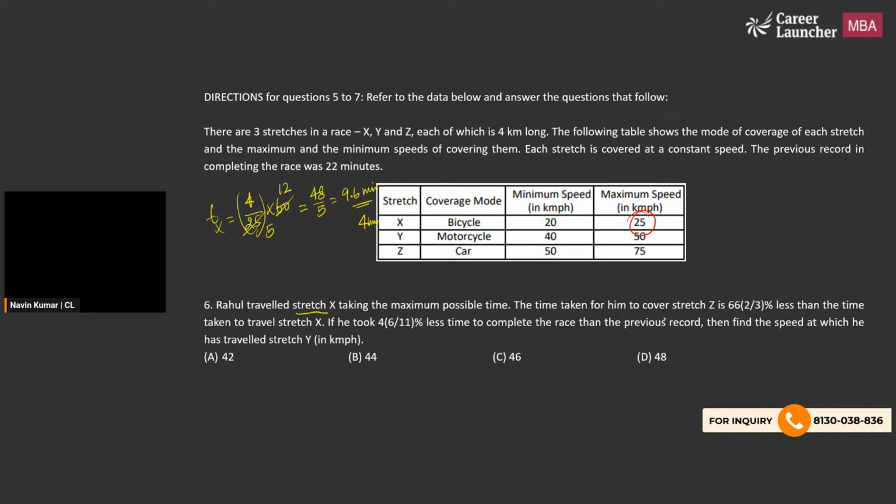Now, the time taken for him to cover stretch Z is 66 2 by 3 percent, that is 2/3 overall, less than the time taken to travel stretch X. It took 4 6 by 11 percent less time to complete the race than the previous record. 4 6 by 11, if we calculate, is 11 into 4, 44 plus 6 is 50, so 50 by 11 percent is going to be 1 by 22 less time, right?